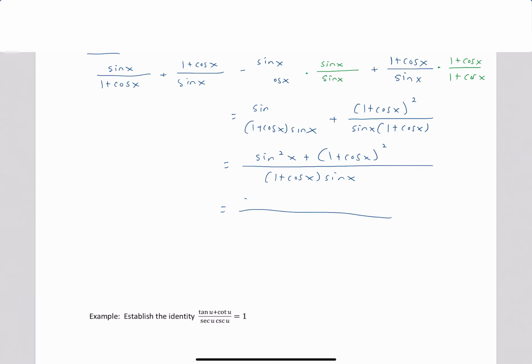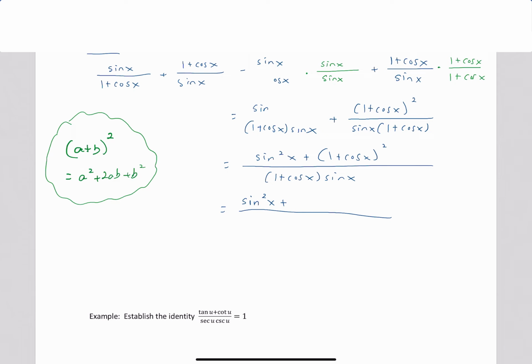So let's do that. Now I'll have sine squared of x plus, and here comes the squaring. And, oh, by the way, I'm going to use the formula a plus b, the quantity squared, is a squared plus 2ab plus b squared. I'll put that off to the side so it doesn't get mixed up with our proof.